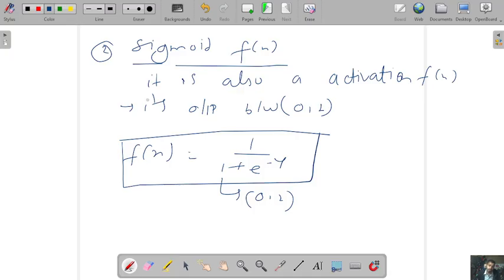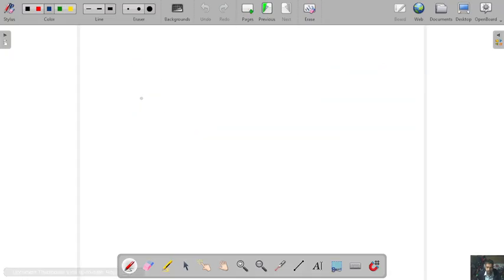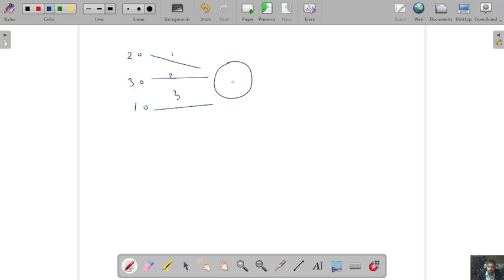Okay, so let's see an example. Like x1, x2, x3 are 20, 30 and 10, and it has some bits 1, 2 and 3. Okay, and activation function, b.